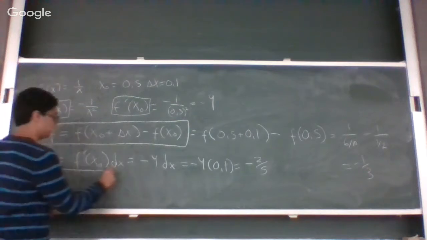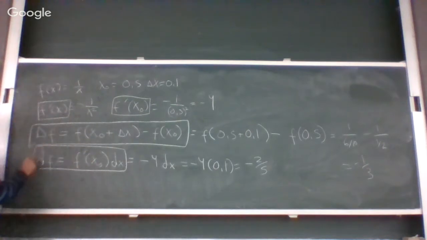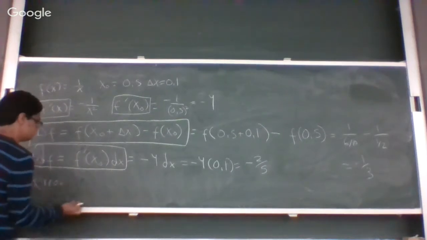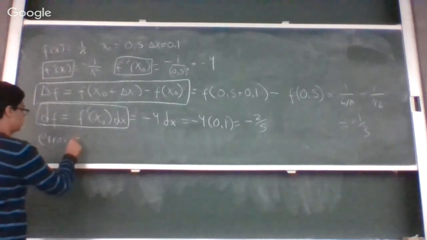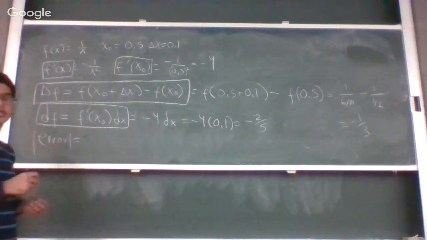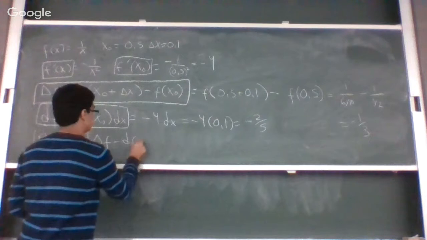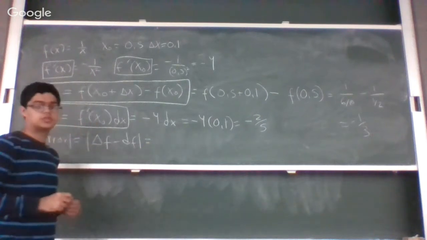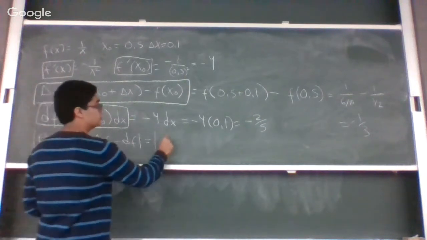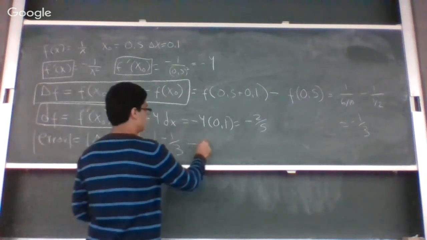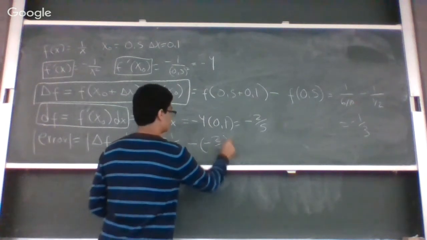Yeah. And this you also need to know. And then to find the error, it is equal to change in f minus df, which is equal to negative 1/3 minus negative 2/5.